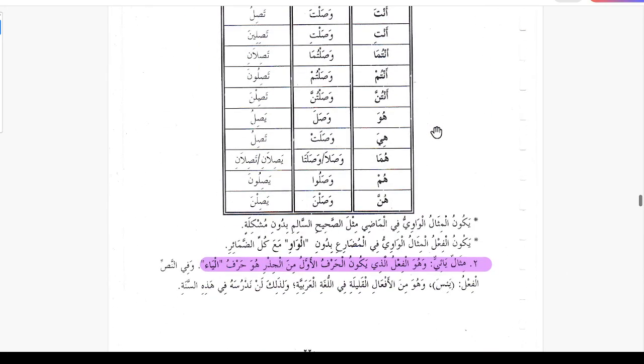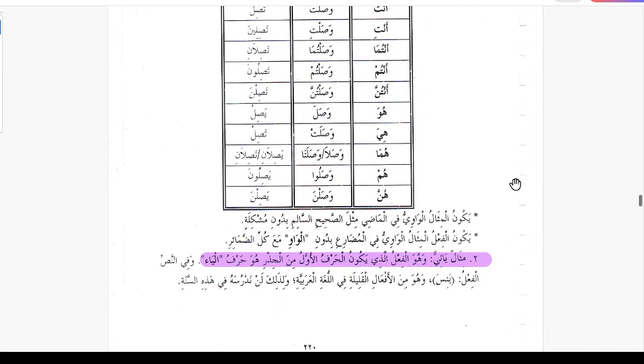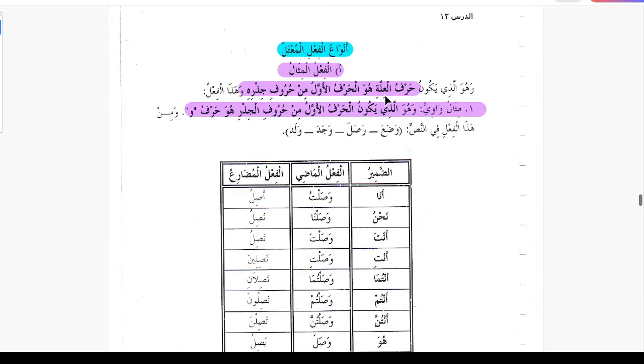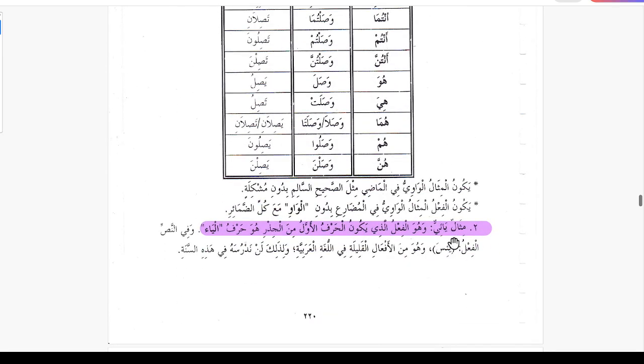And the second is Misalul Yai. If the harf illa is ya, then this second group is called Misalul Yai. Wa huwa al-fi'lu allazi yakunu harful awwalu min al-jizri huwa harful ya. So this is the verb where the first of the root letters is ya, and the example is like yaisa.